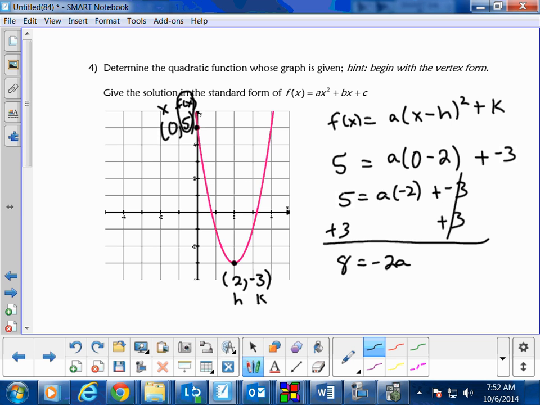I went ahead and reverted this so it could look more familiar to you. Negative 2 means that a is really negative 4 in our case. Let's see if I did all that correctly. Yeah, so in this case, a is going to be negative 4.